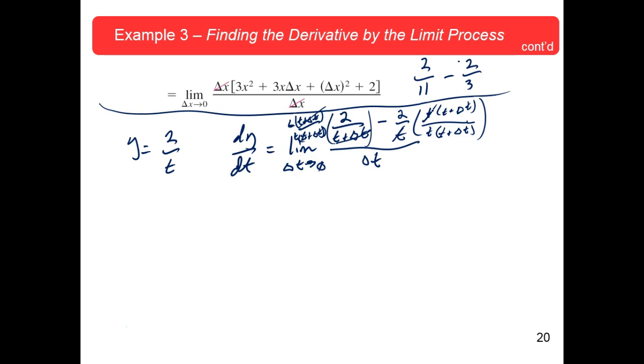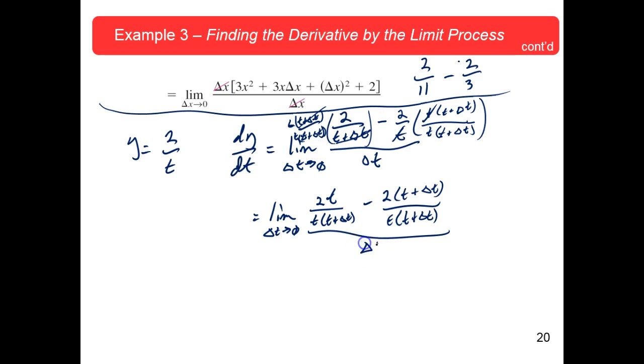And this leaves us with the limit as delta t approaches 0 of 2t over t times t plus delta t minus 2 times t plus delta t over t times t plus delta t. Ugly but true, over delta t.